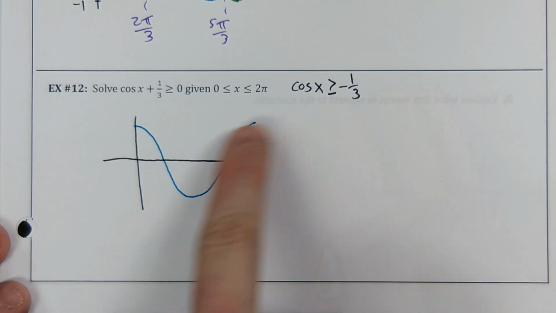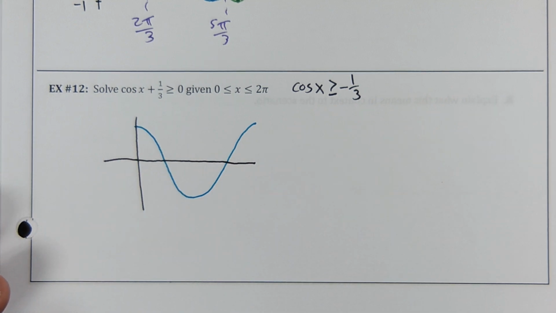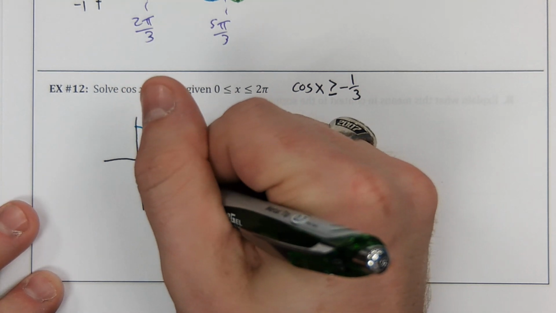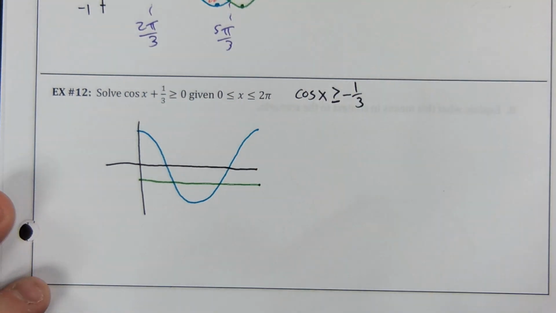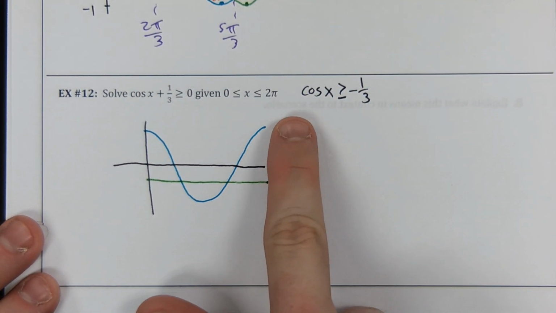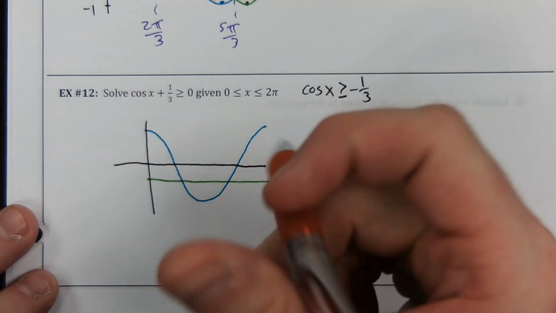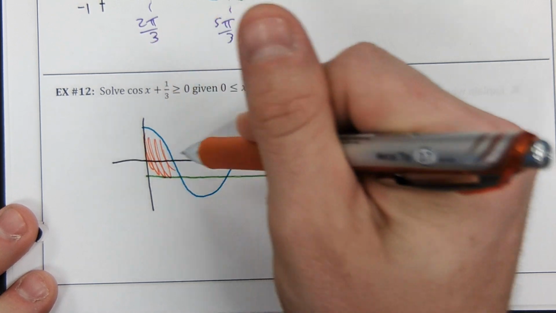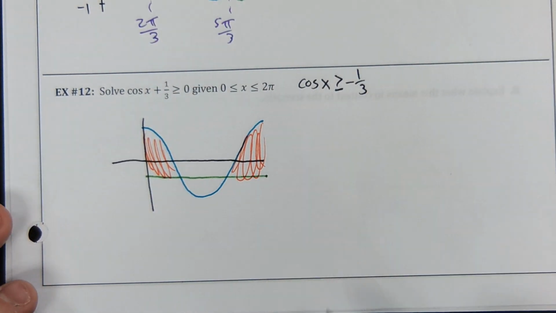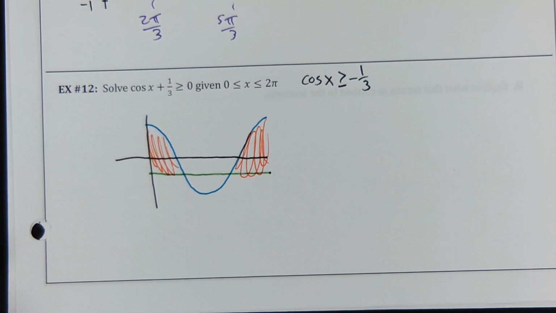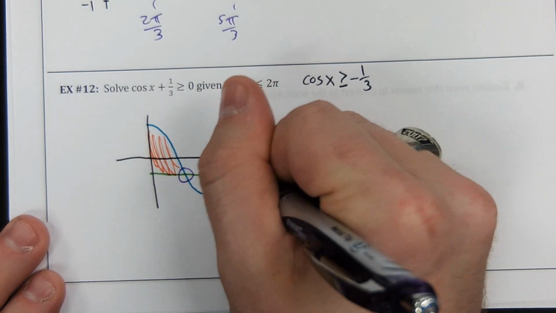So I'm going to put negative 1/3 down here. And that's going to be in green, I guess. That'll look like this. And we're saying, when is my cosine wave above this number? Well, the answer will be here and here. So I just need to know, where are these two x values?